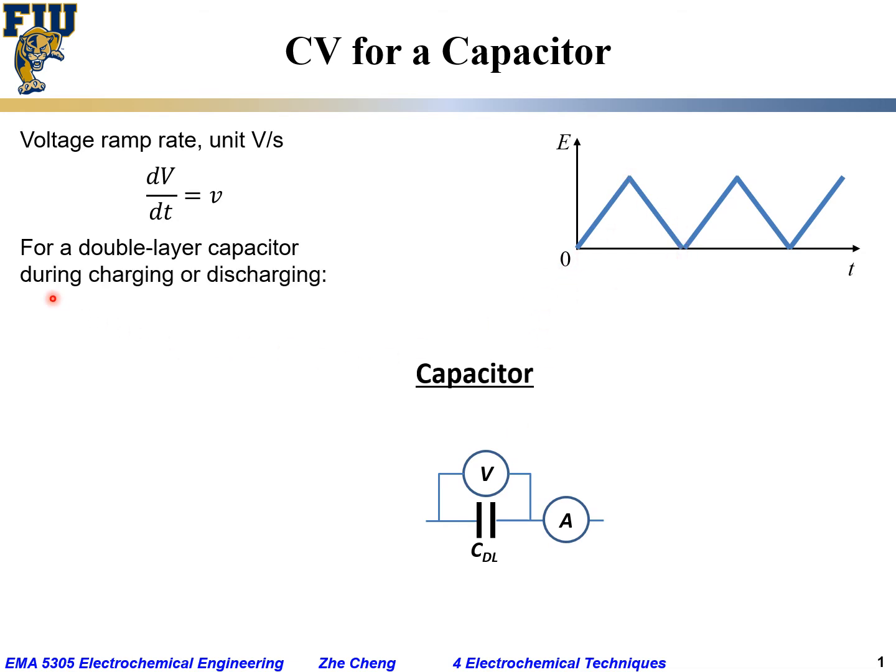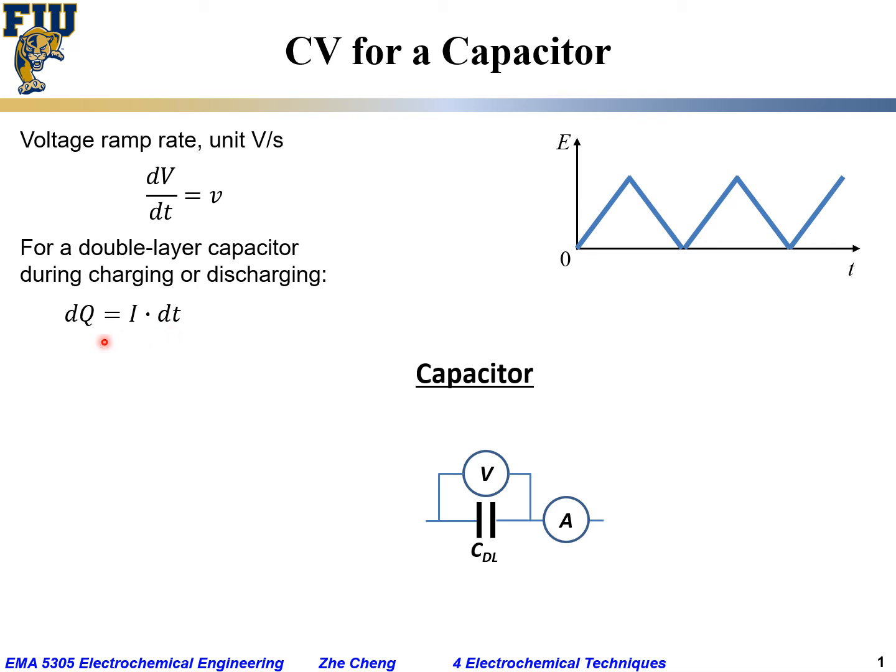During the charging and discharging, remember the dq, the small incremental change in charge, Q for charge. dq would be the instantaneous current times dt, the incremental time. So the incremental charge is just current times the incremental time, a very small period of time.